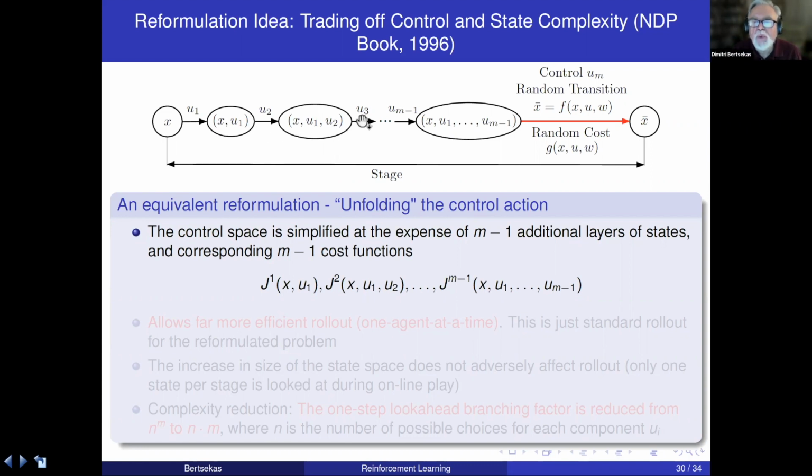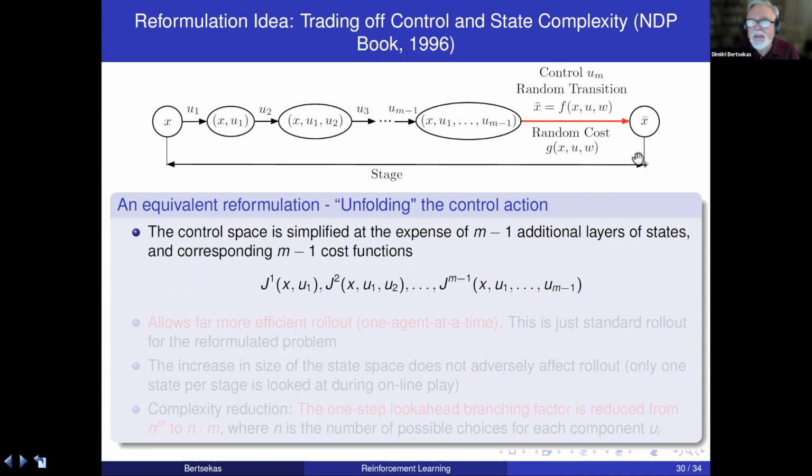Then I choose u3, and after M-1 choices, from this state, I have gone to this complicated state, but with simpler choices of controls at zero cost. And here I choose the last control, uM, and that's when I make the random transition to the new state according to the system equation, and I also incur the random cost.